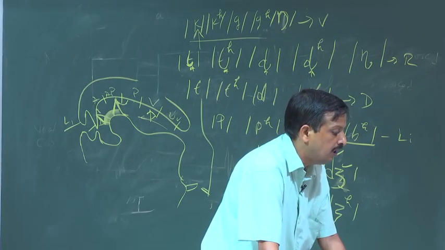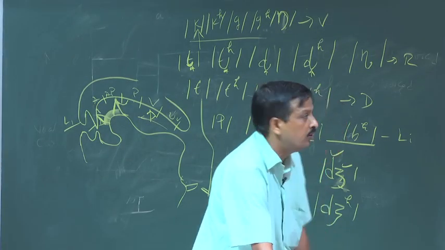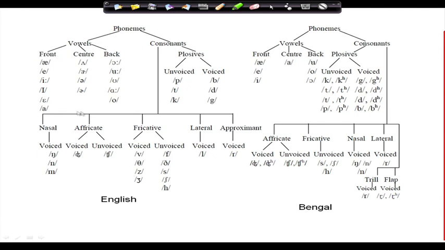Then I can show you a phonetic chart for the English language and the Bengali language. You can see the phonemes in English and the phonemes in Bengali. I have tabulated all the phonemes in English and all the phonemes in Bengali.